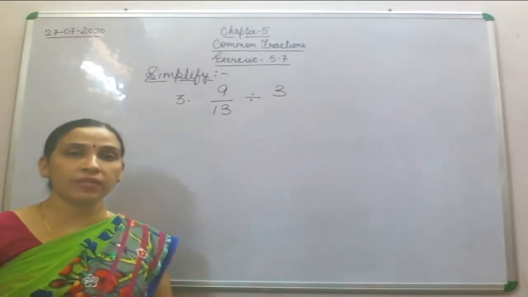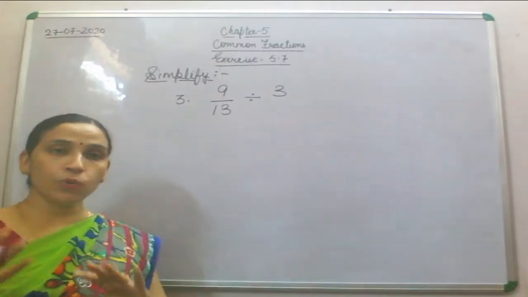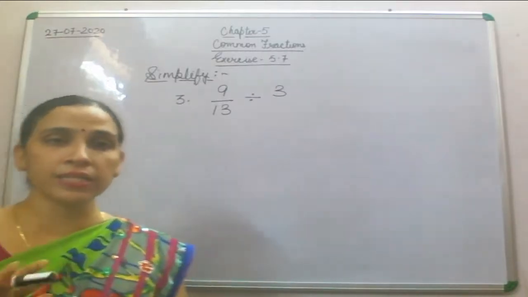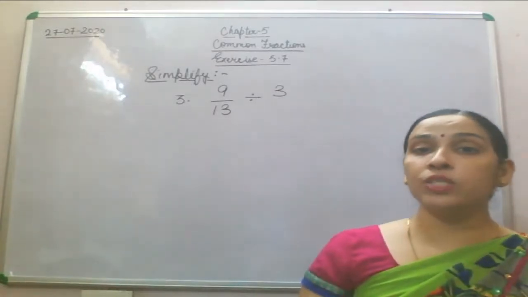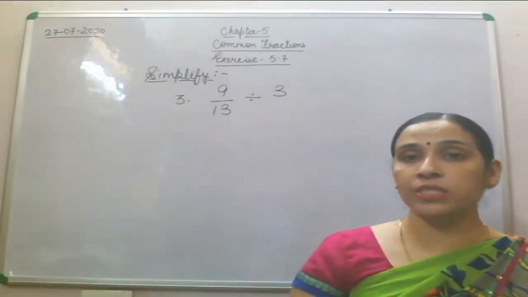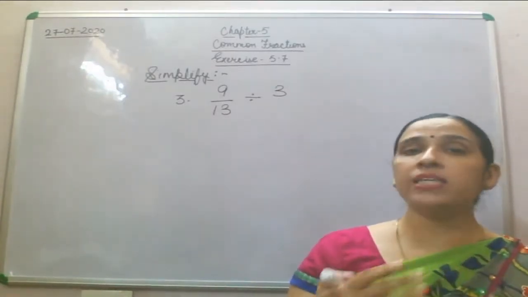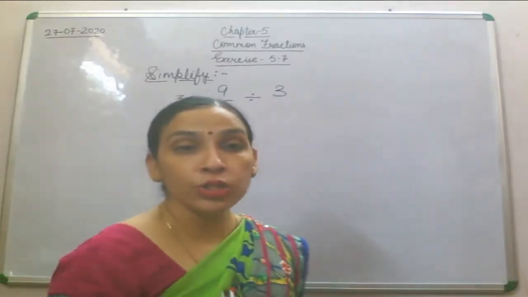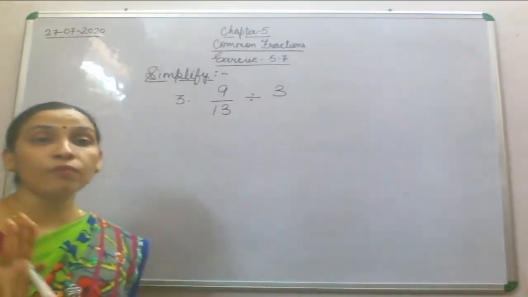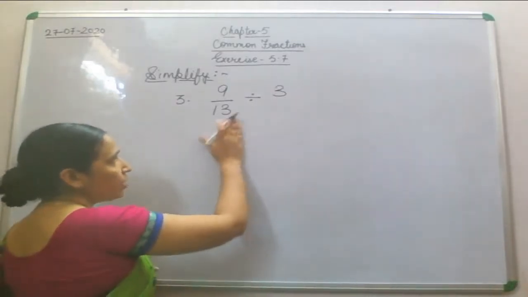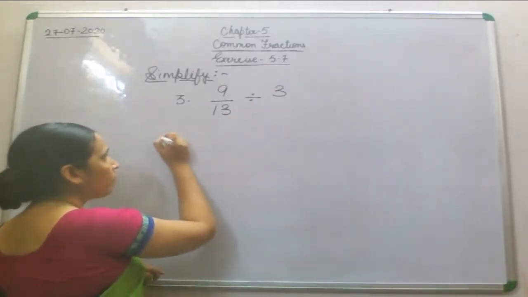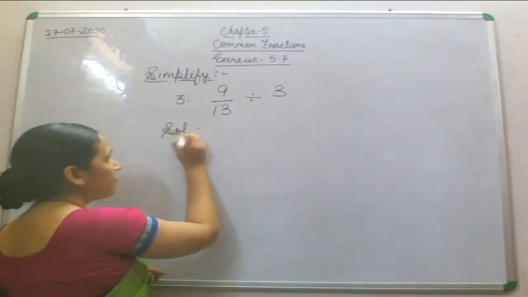If you get any fraction, just revise it once again. This fraction is a proper fraction, this fraction is a unit fraction, this fraction is an improper fraction. Fine. So this fraction is an example of a proper fraction. This proper fraction is going to be divided by a whole number. So let's start the division.